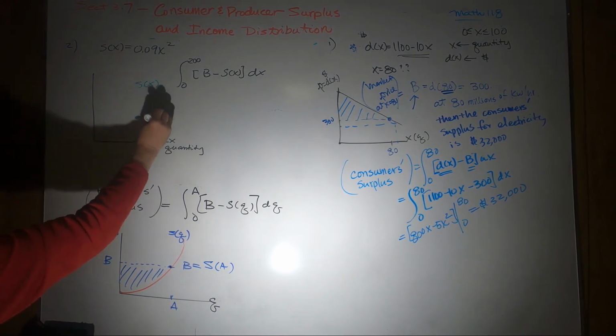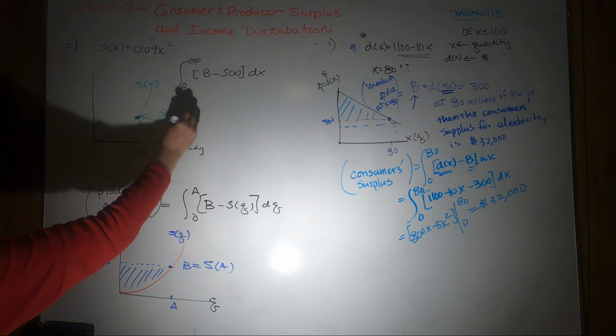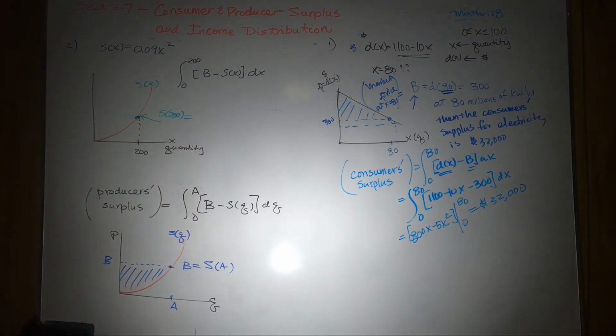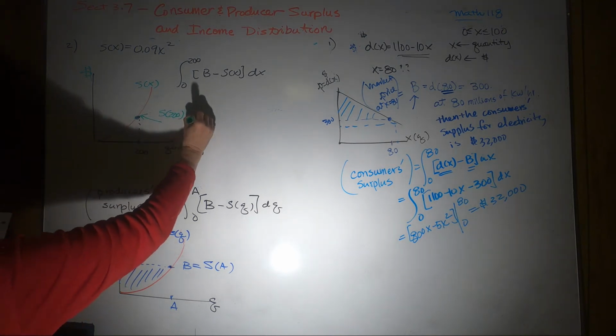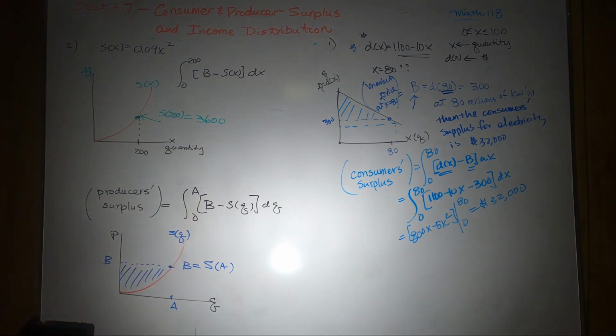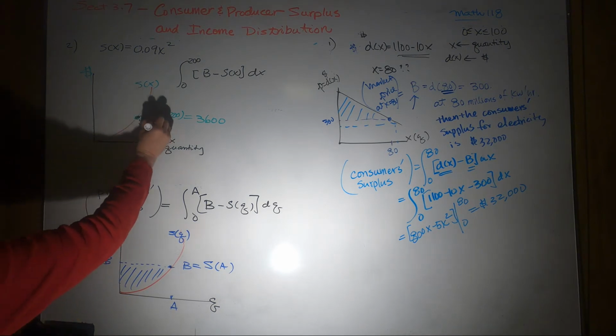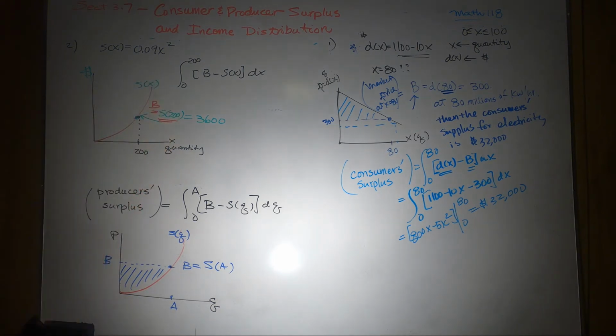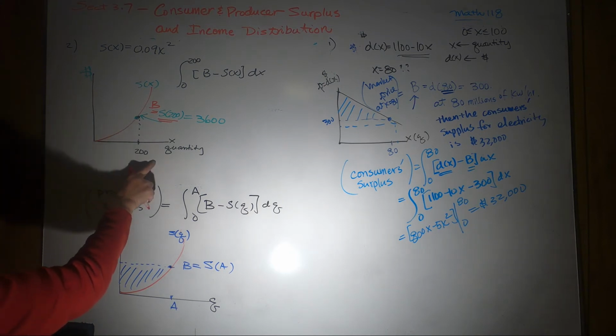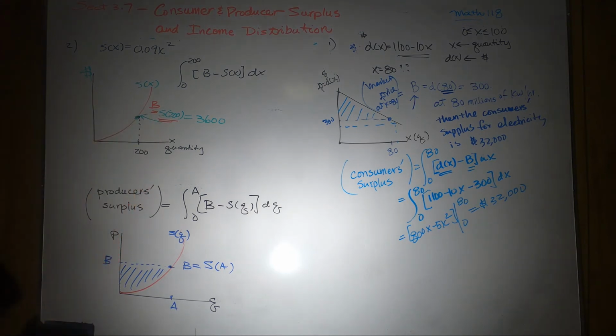So you plug in S of 200, right? So the price for that 200 quantity, the supplier's price would be what? You plug in, it is 3,600. Okay, so that would be the market price at that level, when the quantity is 200.